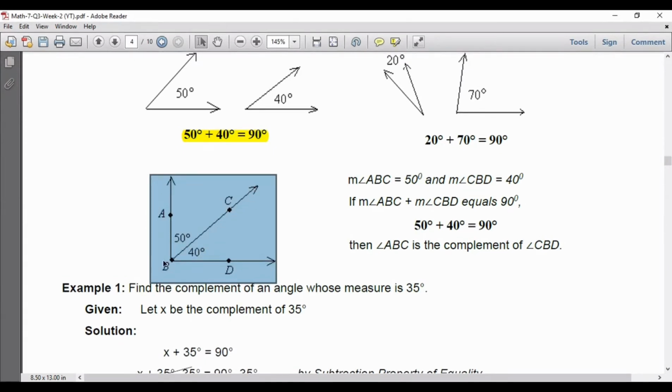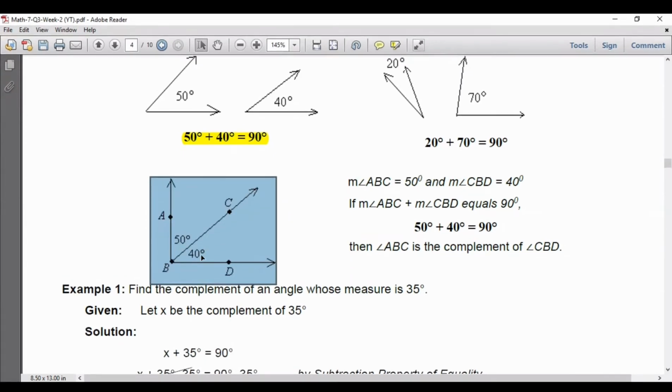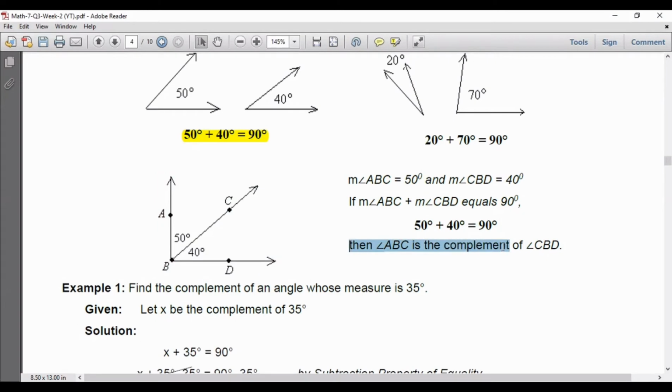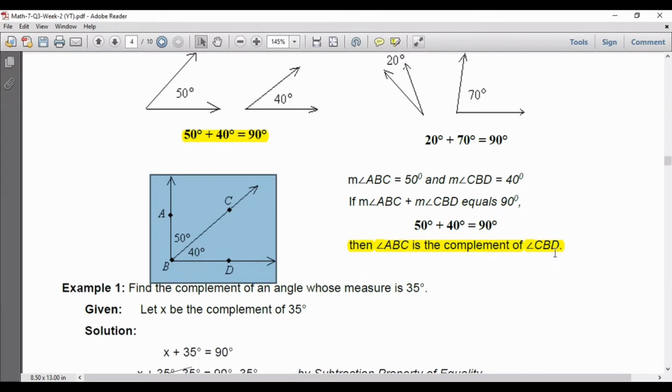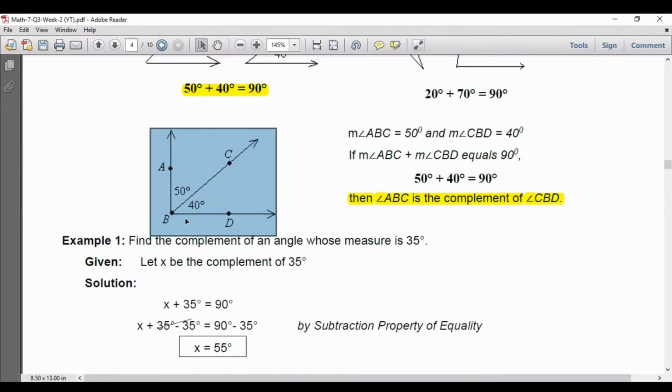Then, is angle ABC the complement of angle CBD? Yes, because the sum of their angles is equal to 90 degrees. On the other hand, CBD is the complement of angle ABC. So, they are complementary angles.